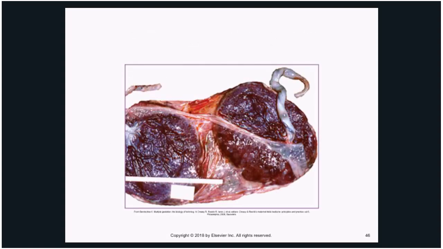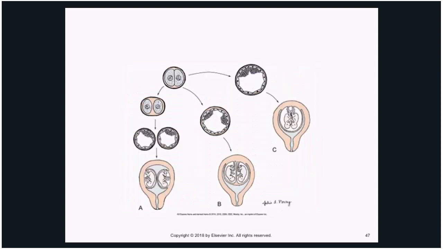This is a picture of two, looks like one sac with two placentas. Monozygote, dizygote, and conjoined.